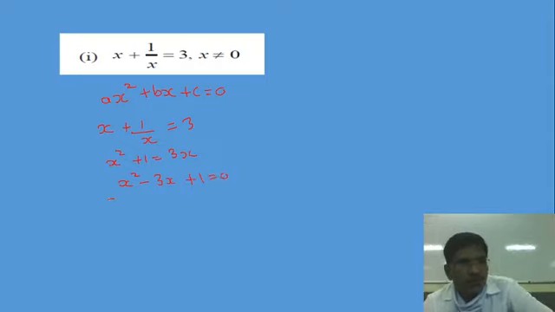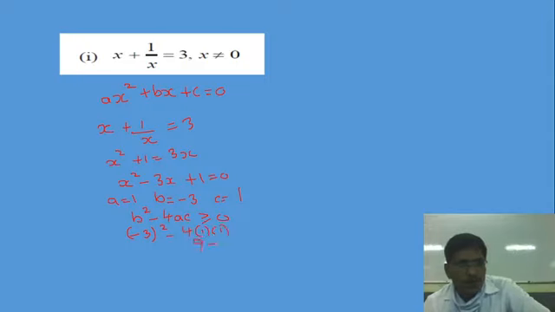Now we have to write first a is equal to 1, b is equal to minus 3, and c is equal to 1. Now b square minus 4ac greater than or equal to 0. So minus 3 whole square minus 4 into 1 into 1.